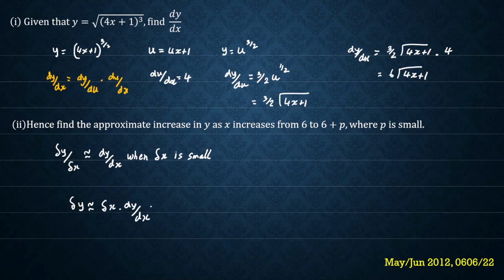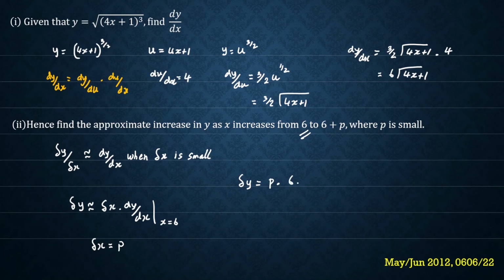And we're going to evaluate this derivative at x equals 6, which is written in the question. And from the question, we can also see that the change in x, delta x, is going to be p.